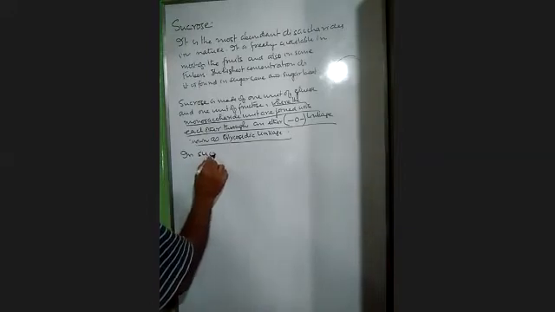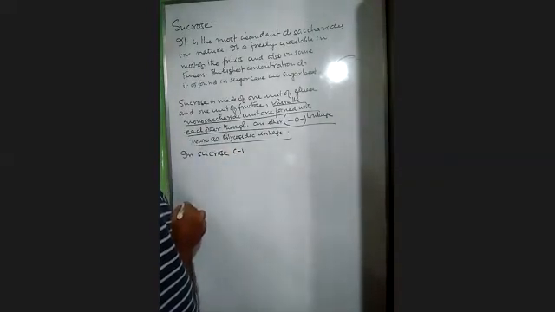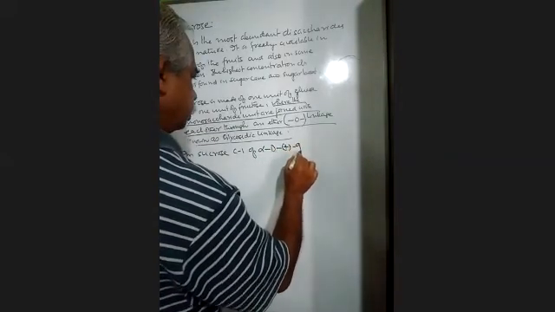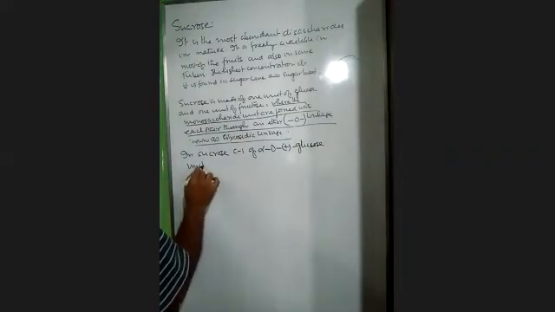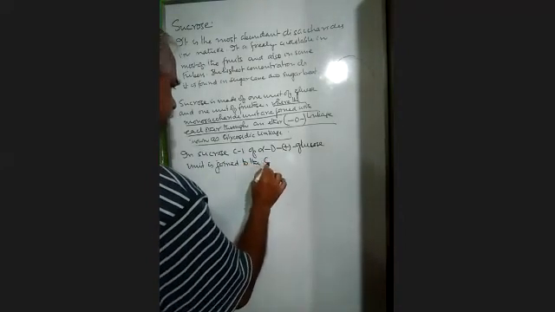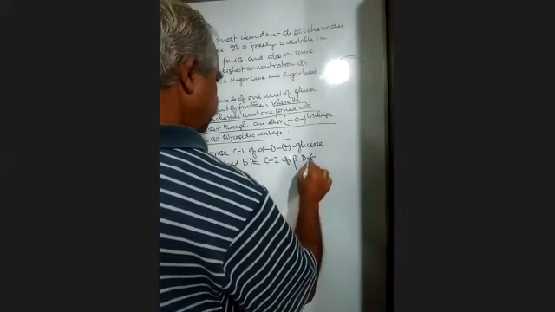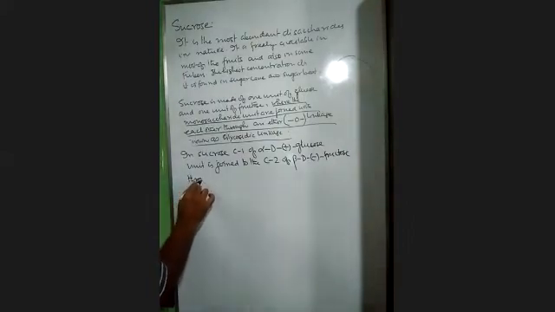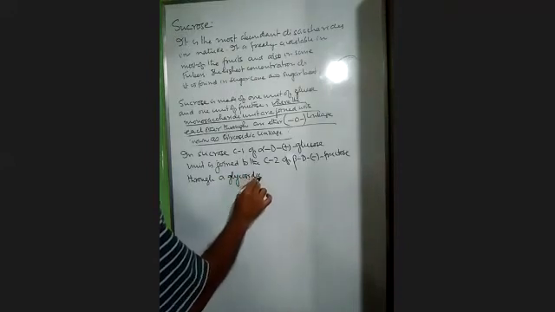In sucrose, C1 of the alpha-D-plus-glucose unit is joined to the C2 of beta-D-minus-fructose through a glycosidic linkage.